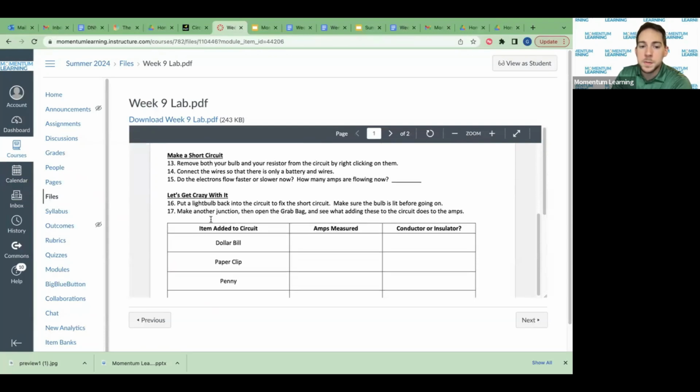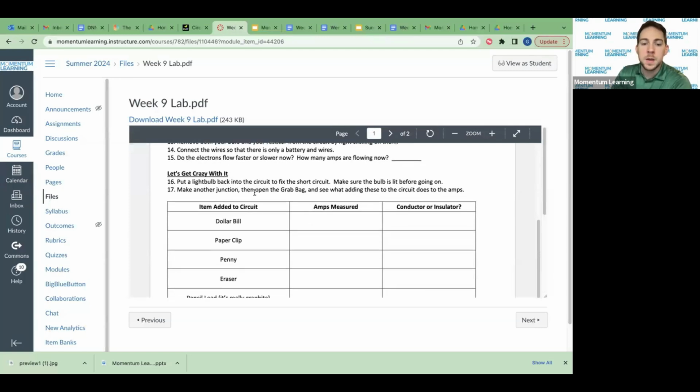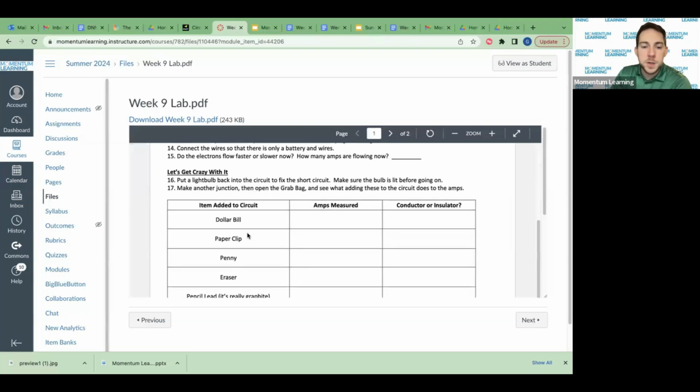All right, so then this would be like the more independent part of it, right? So it's all about conductivity. There's several different objects which you can include in the circuit. And then we measure the amps, right, to determine whether something is a conductor or an insulator. Conductors allow the flow of electricity through them.